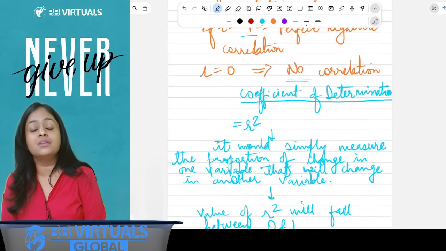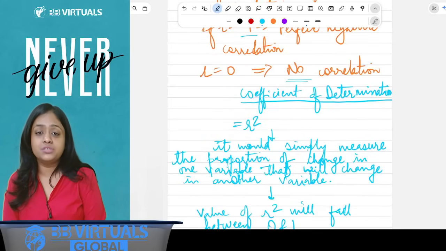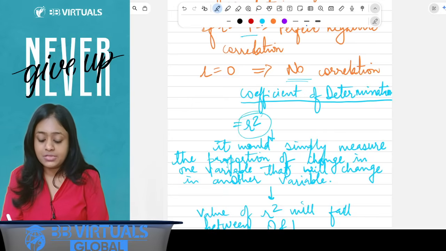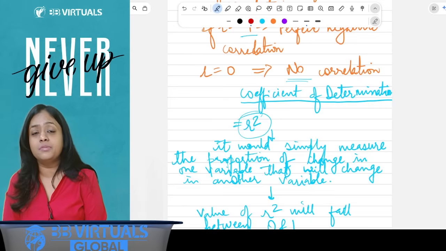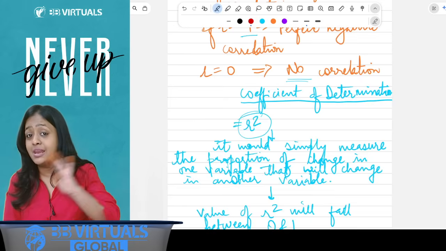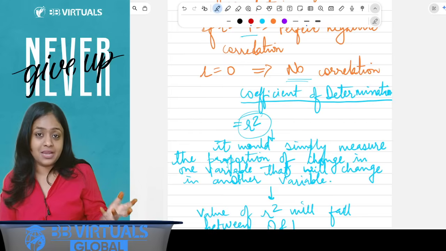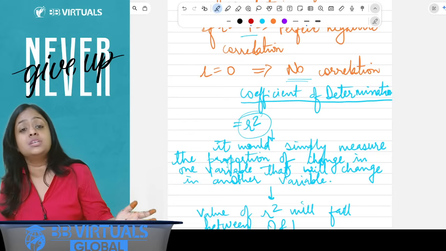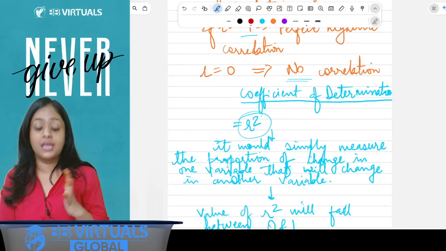Then we have the coefficient of determination. It is simply r square, which is a step ahead of r, because in r I never talked about percentage, right? So r square talks about percentage. If a variable changes by 100%, what is the change in another variable: 50%, 60%, 70%, whatever it is.